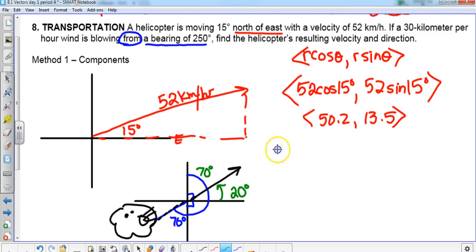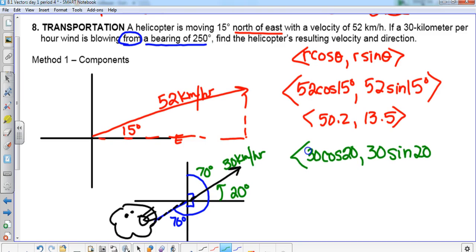And that wind is blowing how hard? 30 kilometers per hour? So the components of the wind are 30 cosine of 20 and 30 sine of 20. Anybody got those numbers for me? 28.2.